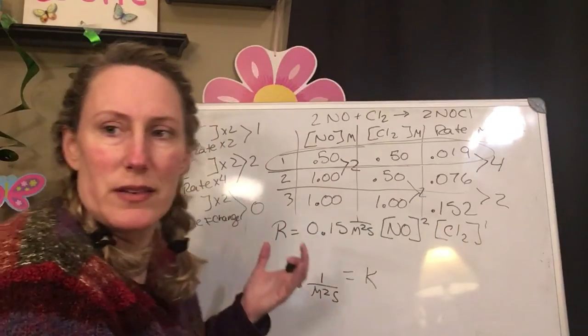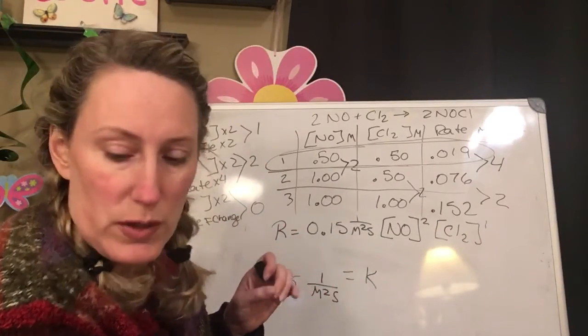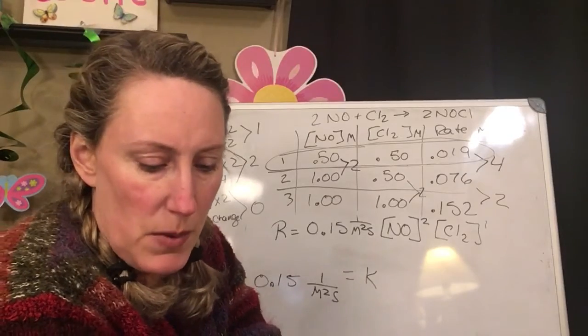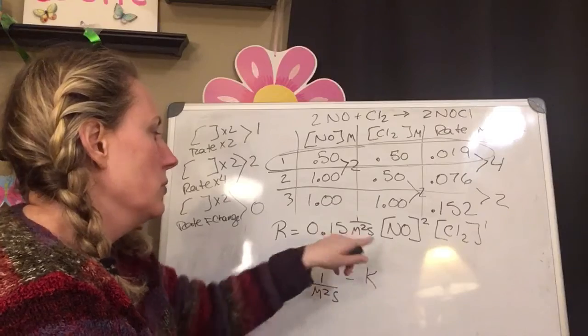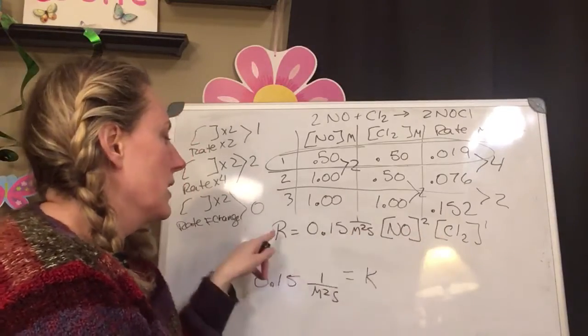If you don't write the 1, it's not a big deal, but I like to show it because I figured it out. Okay, so then any other trial that you run, you could just put your concentrations in and you'll get how fast your rate will go.